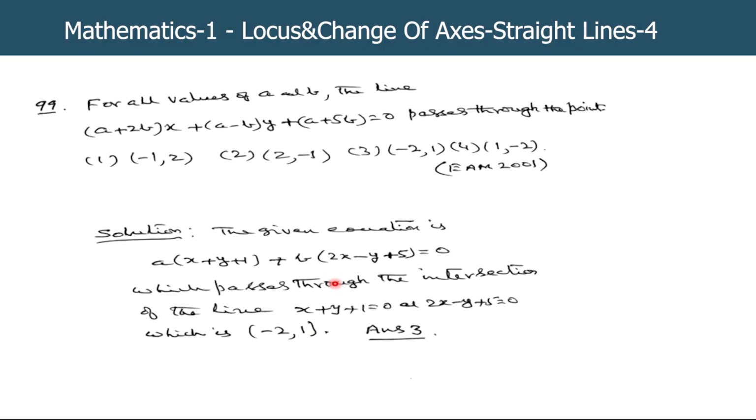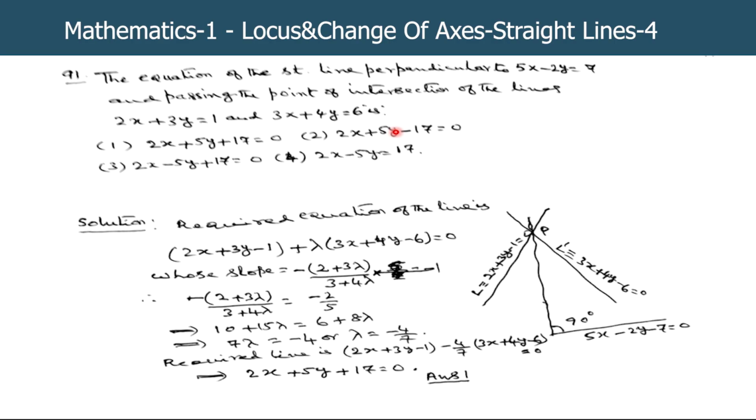So, the correct option is option number 3. And you know that if L1 equal to 0 and L2 equal to 0 intersect at point P, then any line passing through P is of the form L1 plus lambda L2 equal to 0. So, that formula we have used here.